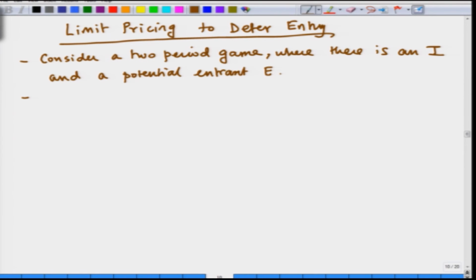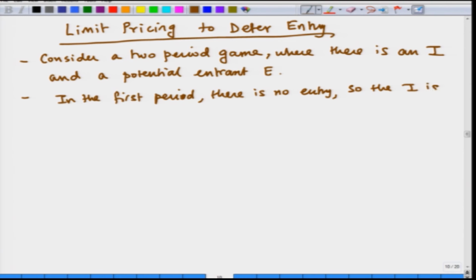So, essentially the incumbent is a monopolist. So, in the first period, there is no entry. So, the incumbent is a monopolist and charges the monopoly price.